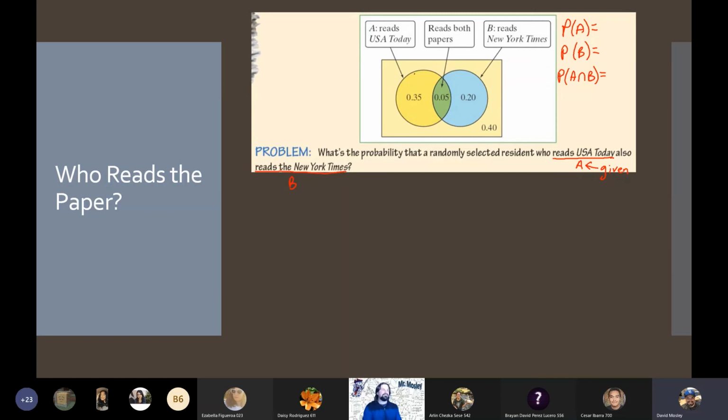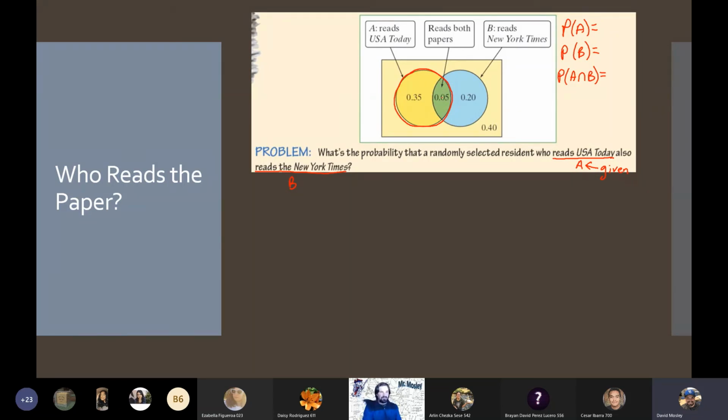Keep in mind, the entire circle is event A. The 0.35 does not include this 0.05 in the middle.